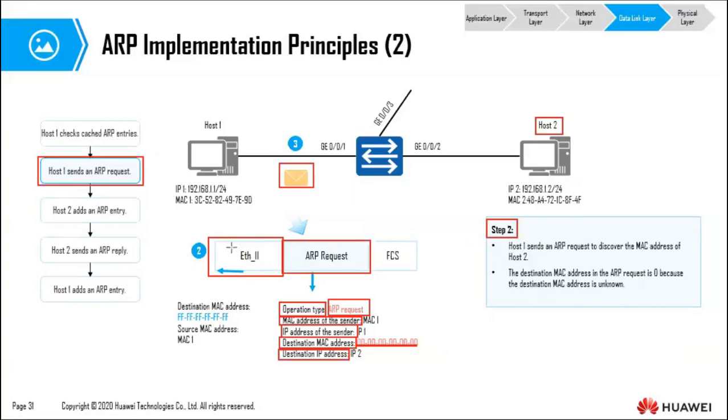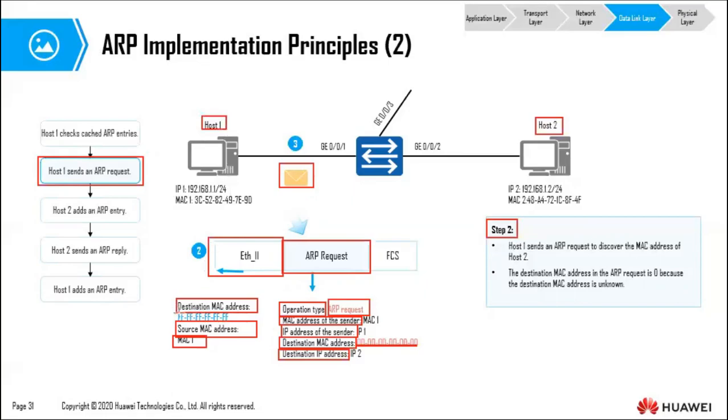But don't worry, just know that we have an Ethernet header, right? The Ethernet header will have the destination MAC address and the source MAC address. So the source MAC address will be the MAC address of host 1, right? Are we together?